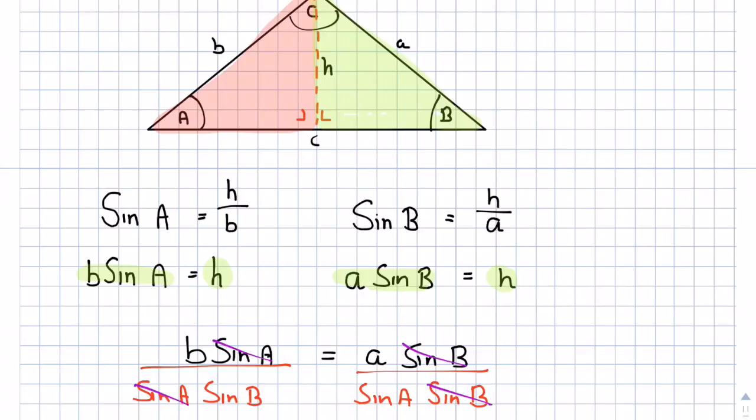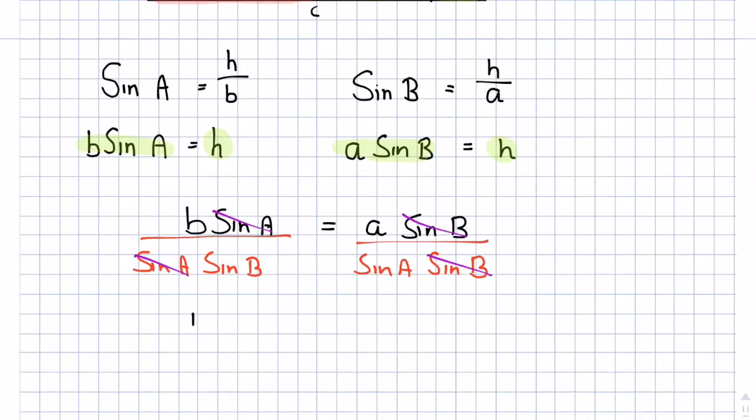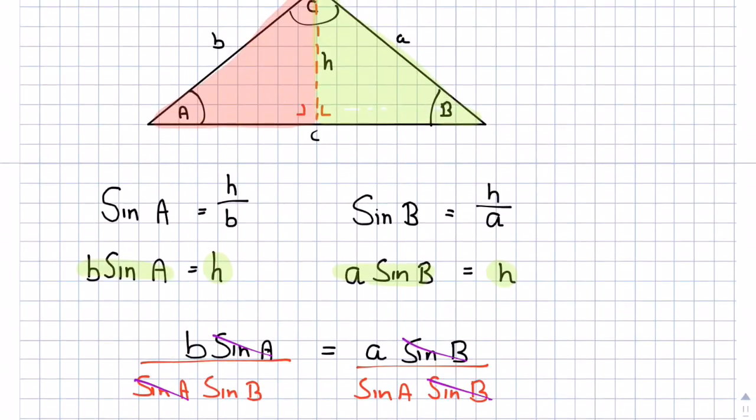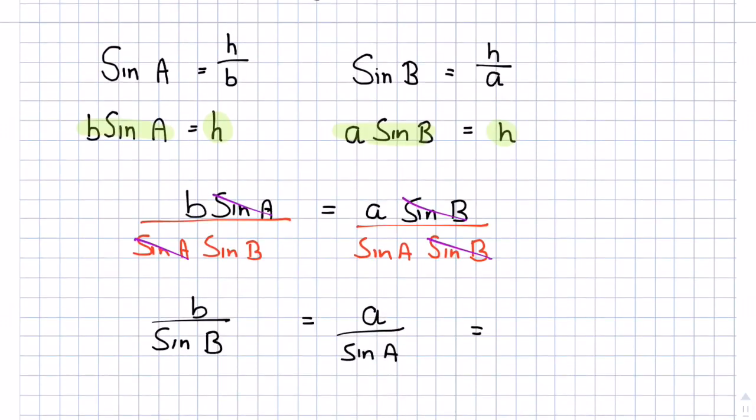And what I'm left with is b over sine B is going to be the same as a over sine A. And I can do this again by drawing a different triangle and doing this with C, but what I'm going to end up with is that they're the same as c over sine C.